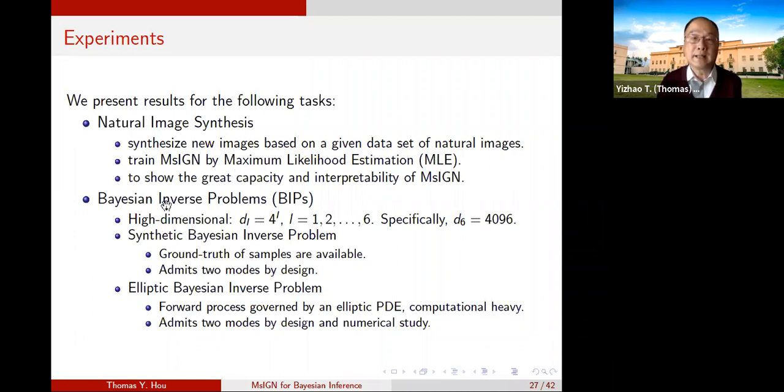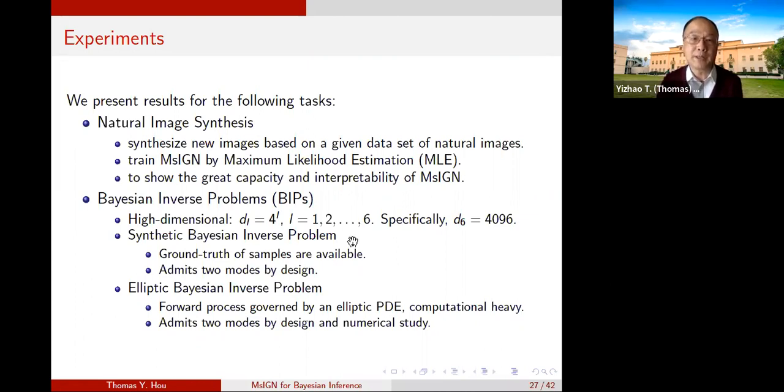This shows very good capacity and interpretability of our approach. Then for the Bayesian inverse approach, we consider 2 examples. The first example is a toy example where we have the ground truth for the target distribution.